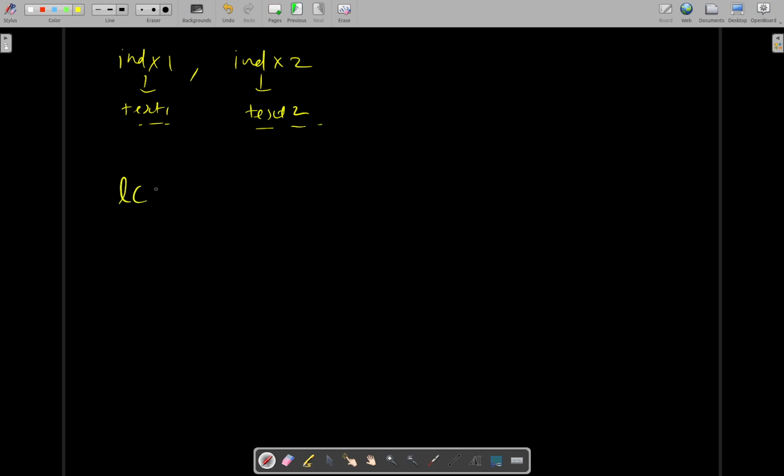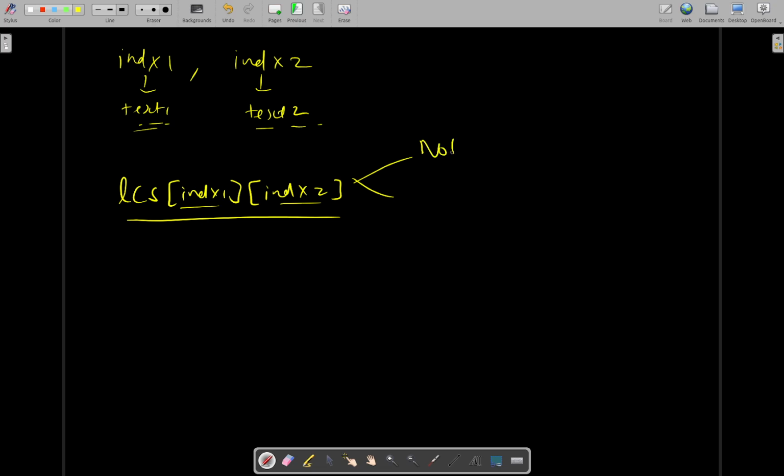So let's say this is your current state, LCS of index 1 and index 2. So what were the three options? Let's say the characters present at index 1 and index 2 in strings text 1 and text 2 respectively are not matching.